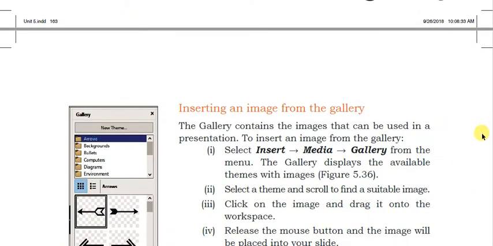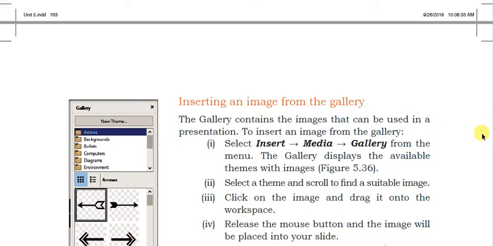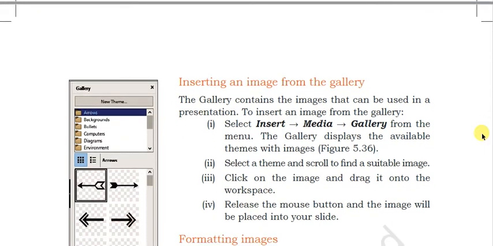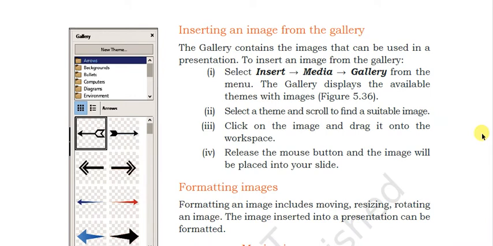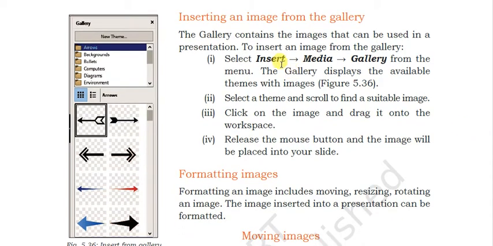Now, there is a gallery option in the software that contains images for your presentation. Some predefined images are there, so you can select images from there also. How can you select? The menu option is Insert, the main menu, then Media, the submenu, and then the Gallery option.